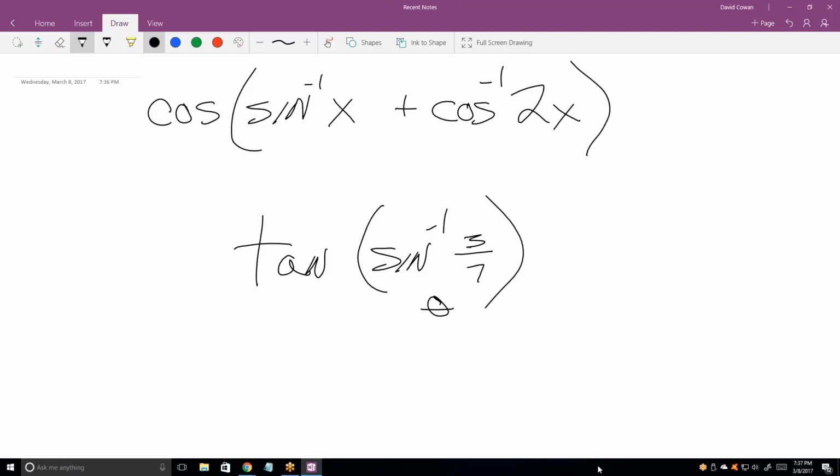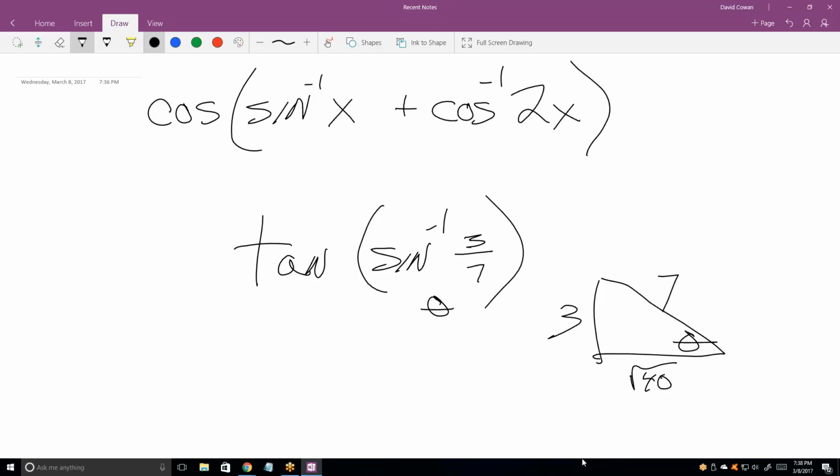Once I recognize that that's an angle, I know I'm taking the tangent of theta, and then I can draw a triangle, label theta, label it because the sine is 37. And then this has got to be square root of 40. Now I can figure out the tangent of theta.